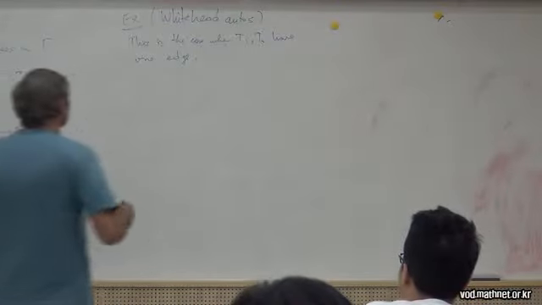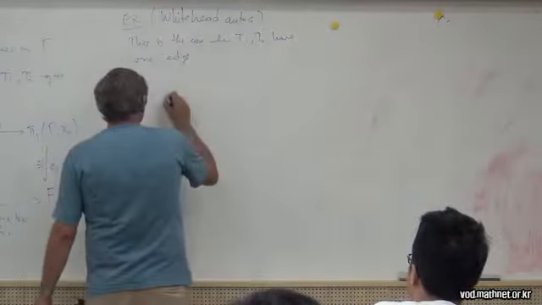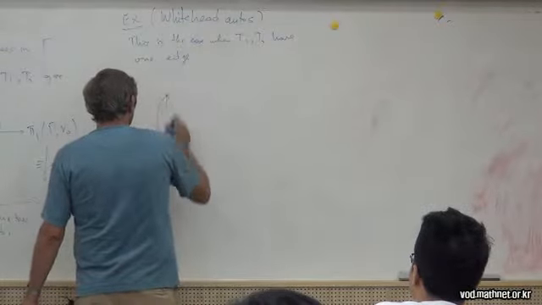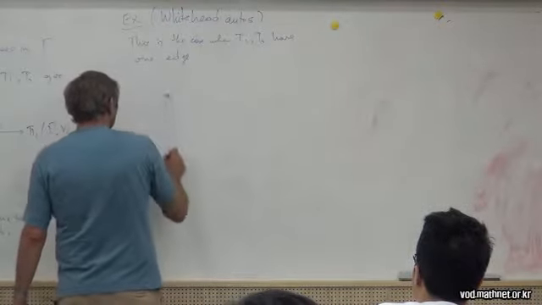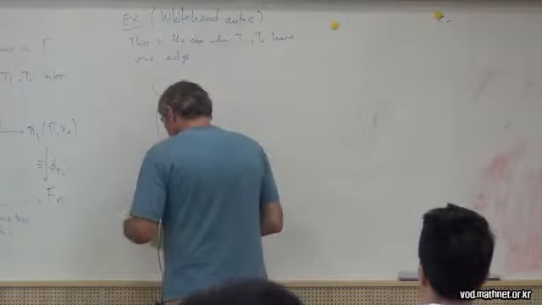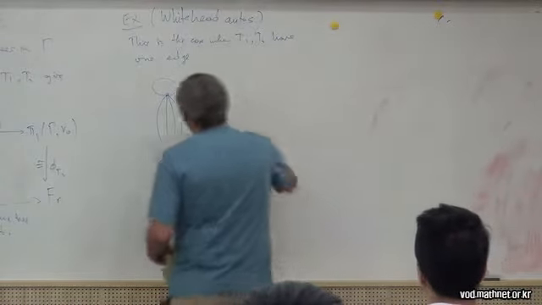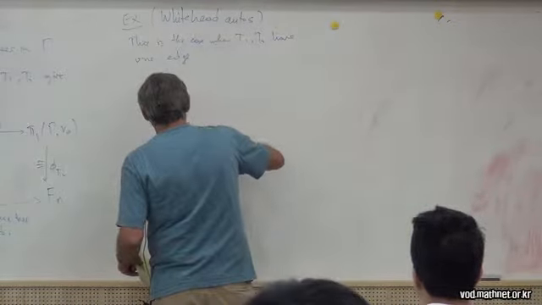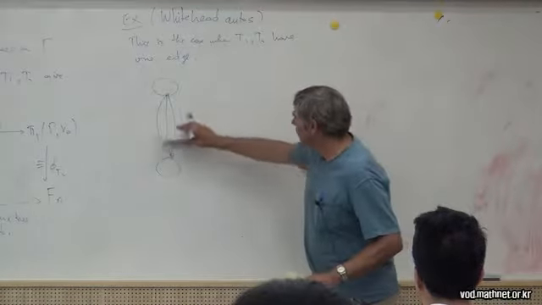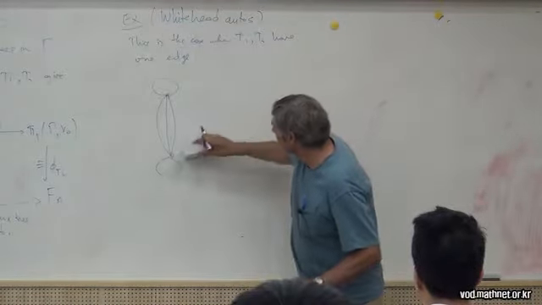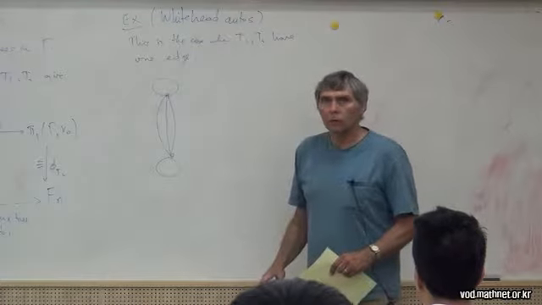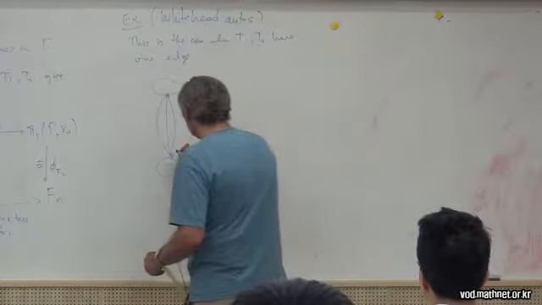There are two vertices, a bunch of edges joining them, and a bunch of loops. Maybe I'll just draw three edges like this. You can have any number of edges joining the two vertices and any number of loops going around like that. And maybe this is V0.